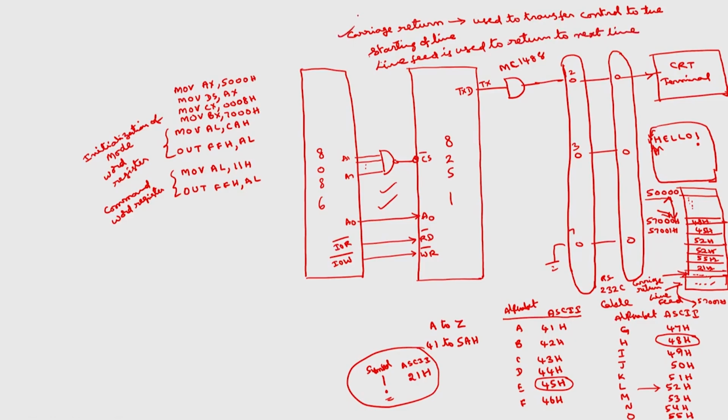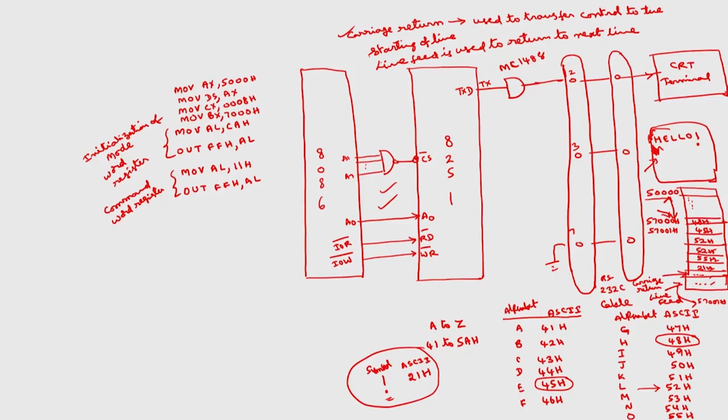So, with the first command carriage return, the control will come to the starting of the line, and then with the line feed the next line. So, the starting of the next line will now be pointed. If we want to transmit any other data, we can transmit onto the beginning of the next line. So, that is the purpose of carriage return and line feed.